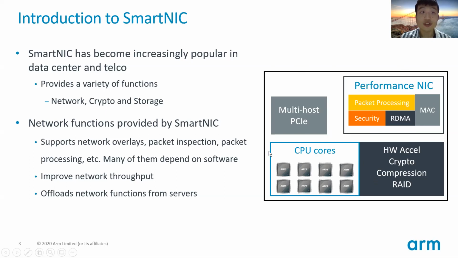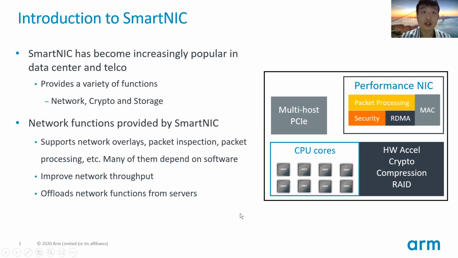SmartNIC also supports a lot of network functions. It supports network overlays, for example VXLAN, which is widely used in public cloud, packet inspection in firewall, and packet processing. Many of them depend on software, so they depend heavily on CPU cores.